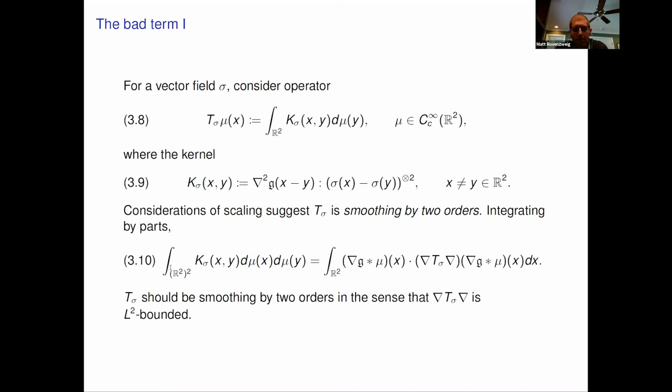That gives us equation 3.10, where we pick up this matrix valued operator, grad T sigma grad, acting on the gradient of G convolved with this test function mu. T sigma should be smoothing by 2 orders in the sense that this matrix valued operator, nabla T sigma nabla, is bounded on L2. So it's an order 0 operator.